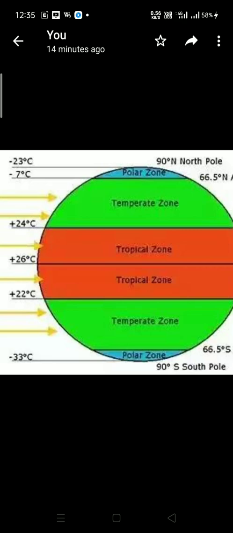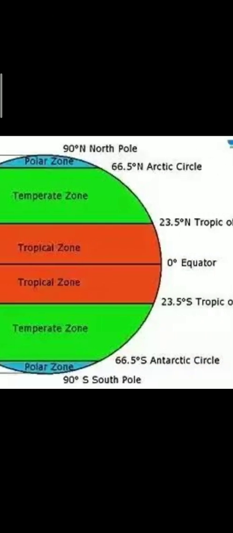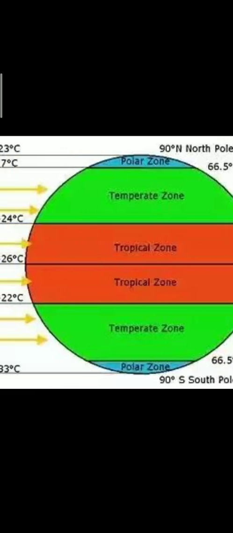Clear kids? Now if we move further, can you see the blue colors? Yes. What are those? That is North Pole and the South Pole. In the areas of North Pole and South Pole, sun's rays hardly reach. Hardly means very little, or it does not reach also sometimes. Clear?